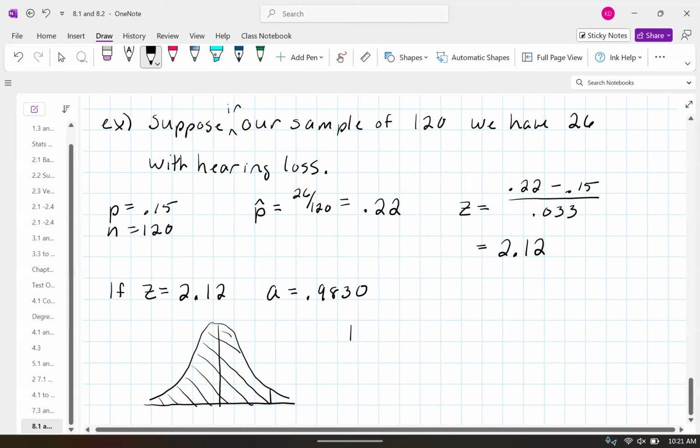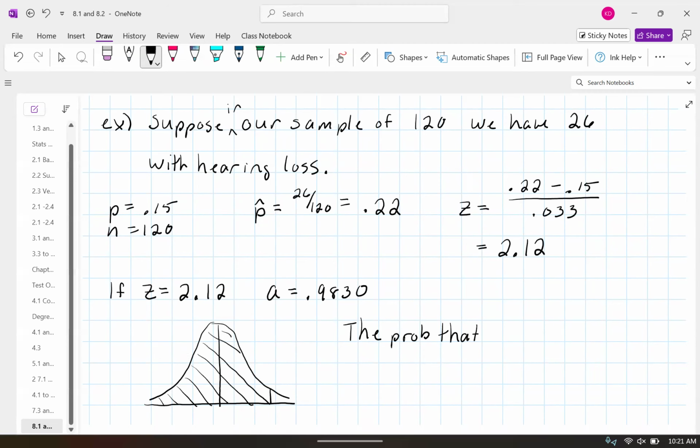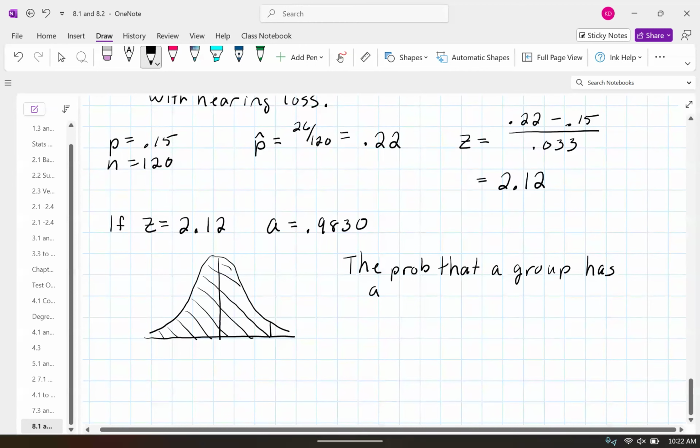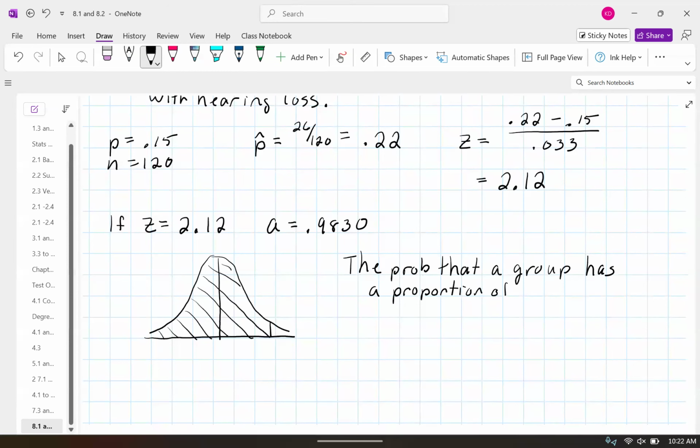The probability that a group has a proportion of 0.22 or less with hearing loss is 0.9830.